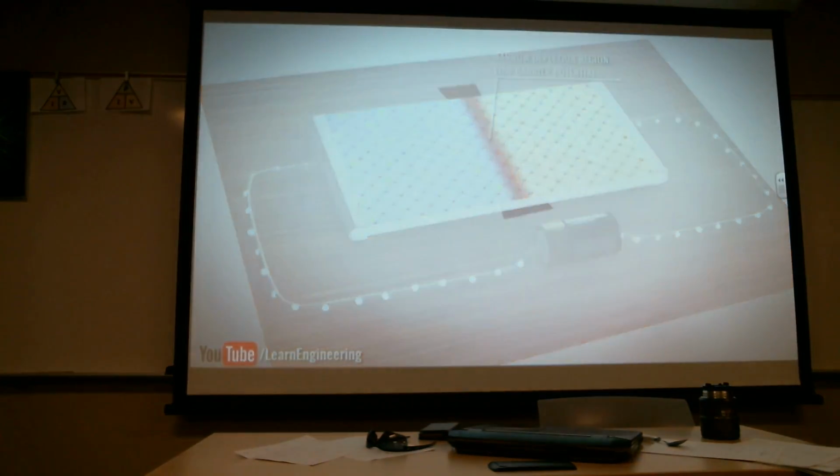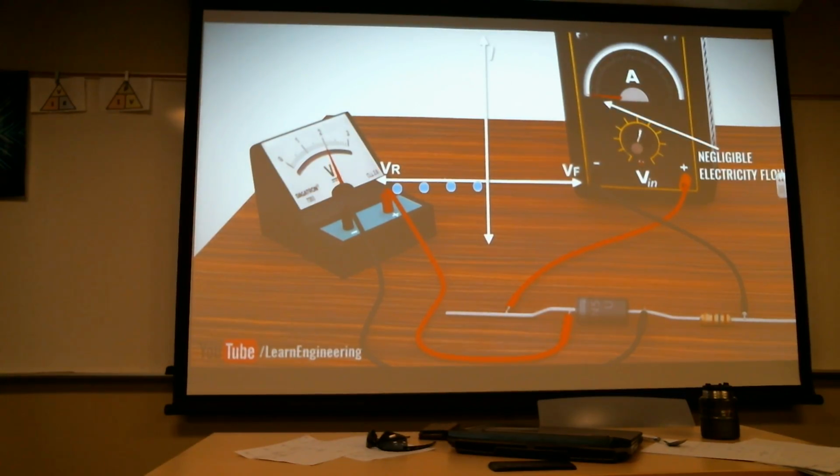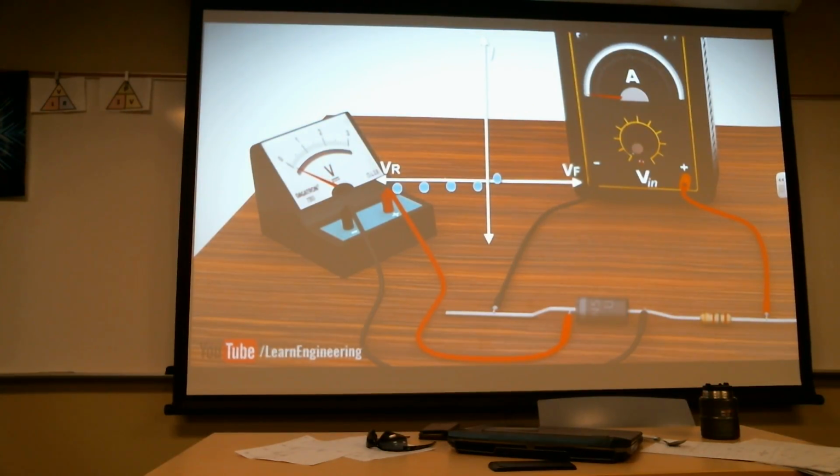Exactly. Now let's vary the input voltage and study the diode's response to it. In reverse voltage, as explained, you can observe a negligible electricity flow. In the forward condition up to 0.7 volt, you will find a negligible electricity flow. But right after crossing this barrier potential value, there will be a steep increase in the current flow.